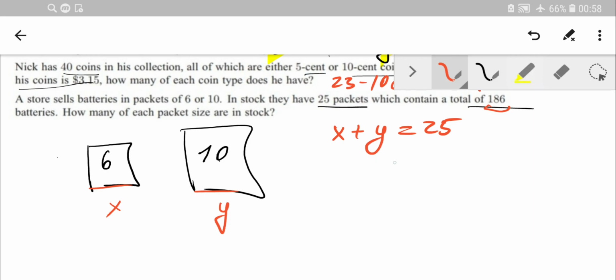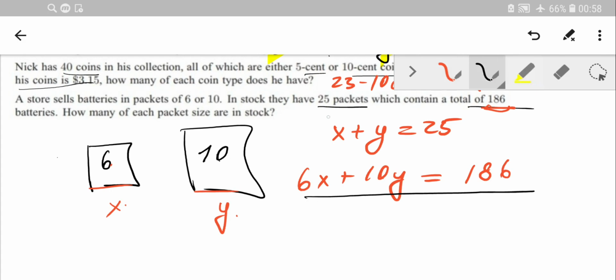So how to transform the amount of batteries and equate to 186? We can simply say that 6 times the number of packets means 6x, and 10y is the number of batteries in y packets in total. So you will get this equation.